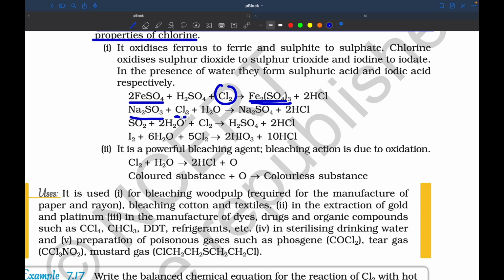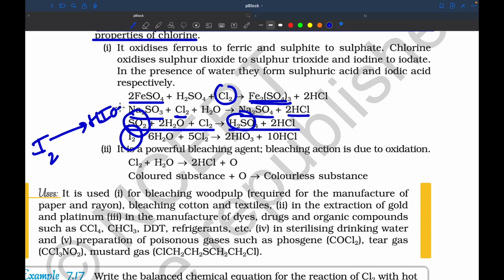Na2SO3 plus chlorine gives you Na2SO4 and HCl. SO2 plus 2H2O and Cl2 gives you H2SO4 and 2HCl. Right? SO2 is oxidized to H2SO4. Even iodine is oxidized to HIO3, where Cl2 is reduced to Cl minus.